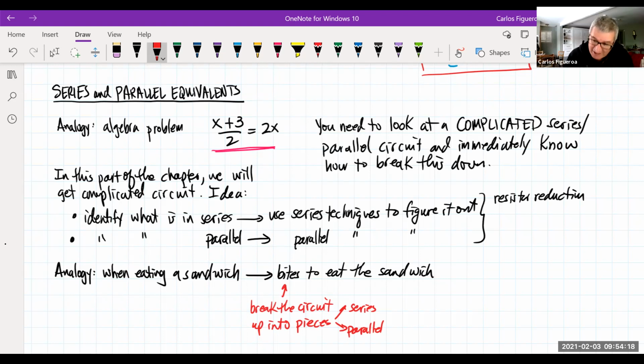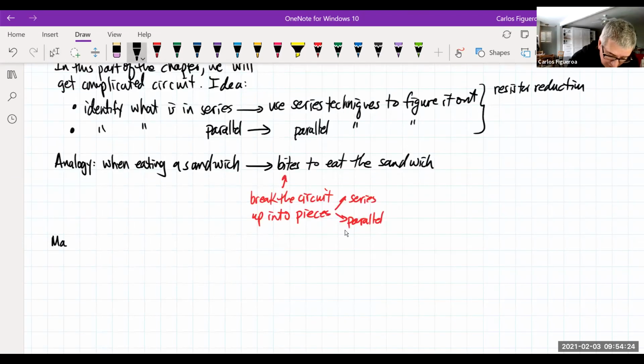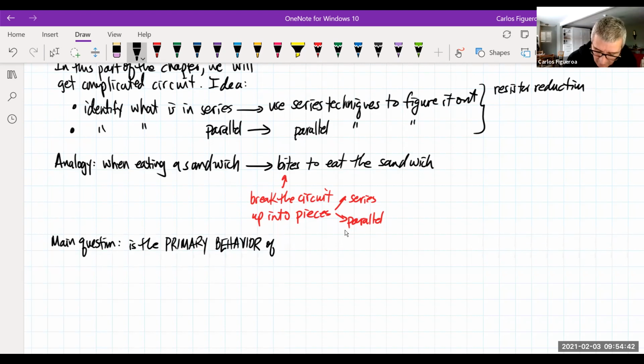So the main question that we are asking, okay, here's our main question: is the primary behavior of the circuit series or parallel?